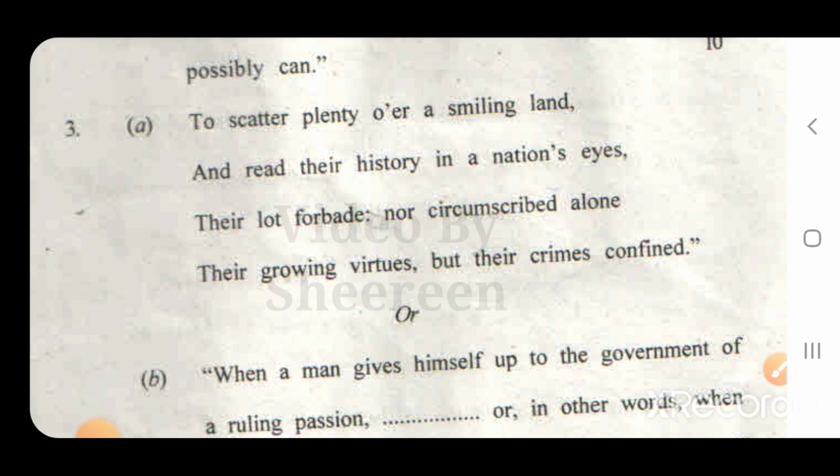And if they were given the opportunity, they would have also succeeded, and people would have read their good deeds in history. These villagers did not wish to get involved in trickery. They were very nice people, they were honest people, and they wished to live very simple and happy lives. So we are talking about the dead villagers here, so you have to write about that. This is a stanza from this poem.